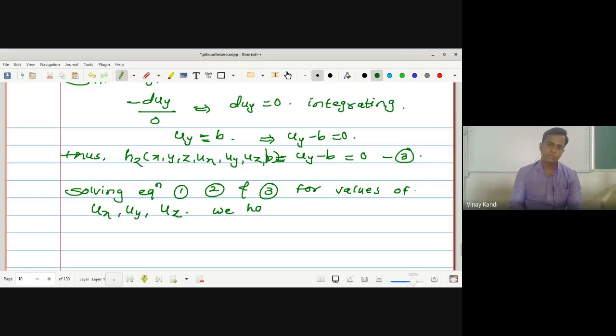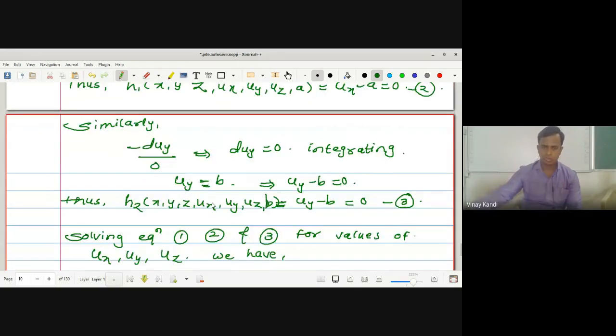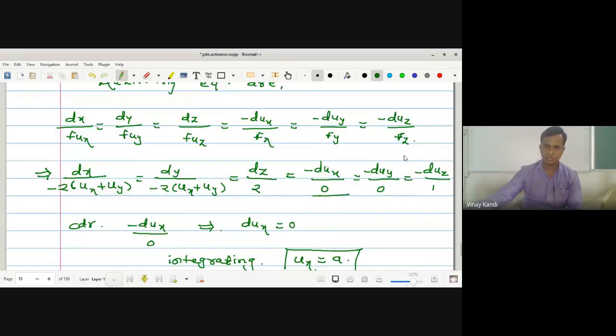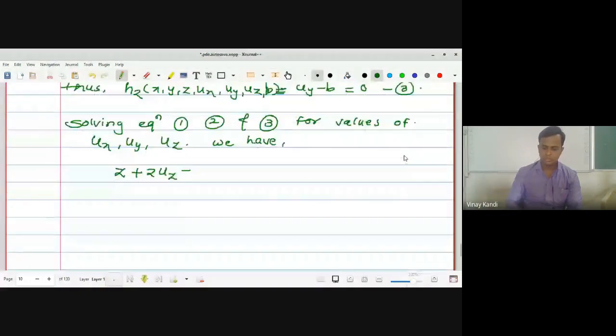Okay, so we have put ux is equal to a and uy is equal to b in equation number 1. So we get here z plus 2uz minus, look at here, ux is equal to a and uy is equal to b. So here we get a plus b bracket square, which is equal to 0.